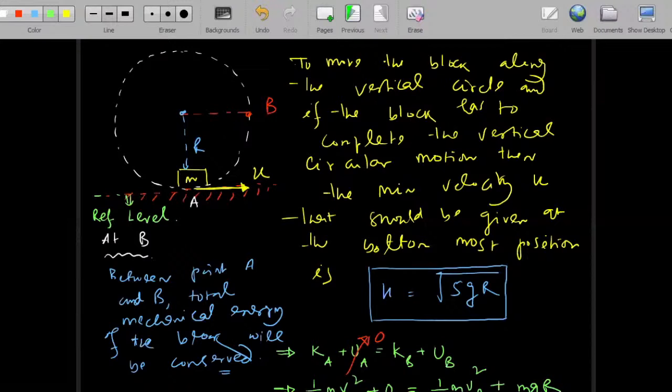Why? Because it is at a height r from the ground. This height is r only. So potential energy is mgr. Let us proceed.